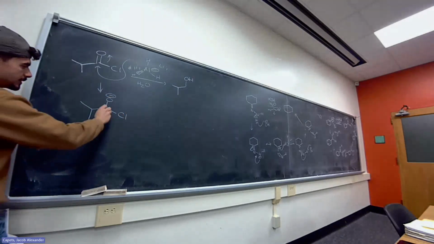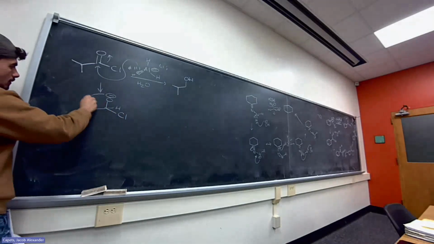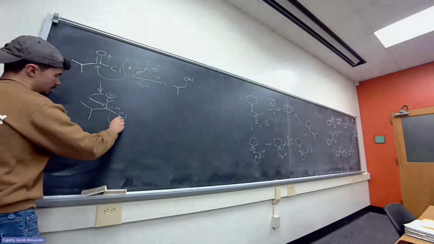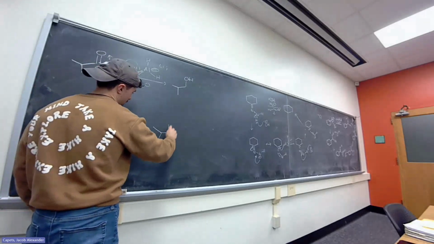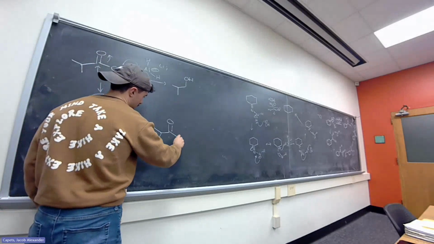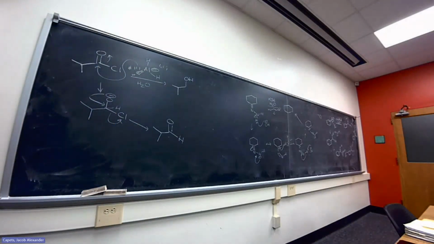This is our tetrahedral intermediate. This is H on there. You'll then take out a chloride. Get to an aldehyde as our intermediate.